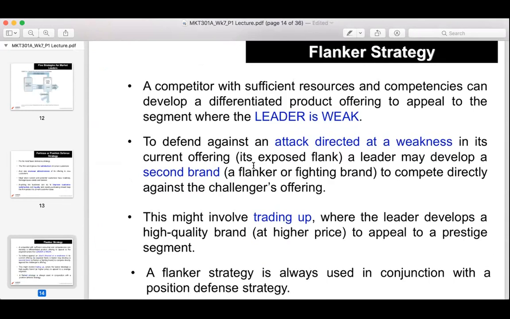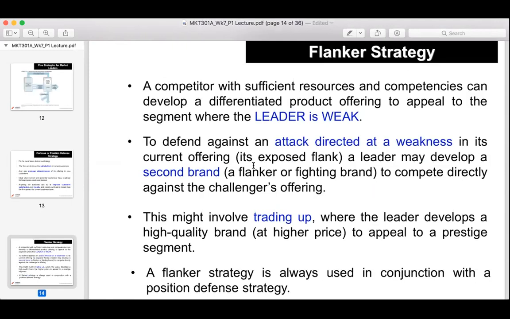A flanker strategy is basically when we develop a different option, a flanker or a fighting brand. That's what we normally do to help us block the competition or fight the competition without jeopardizing the core business, the core brand.